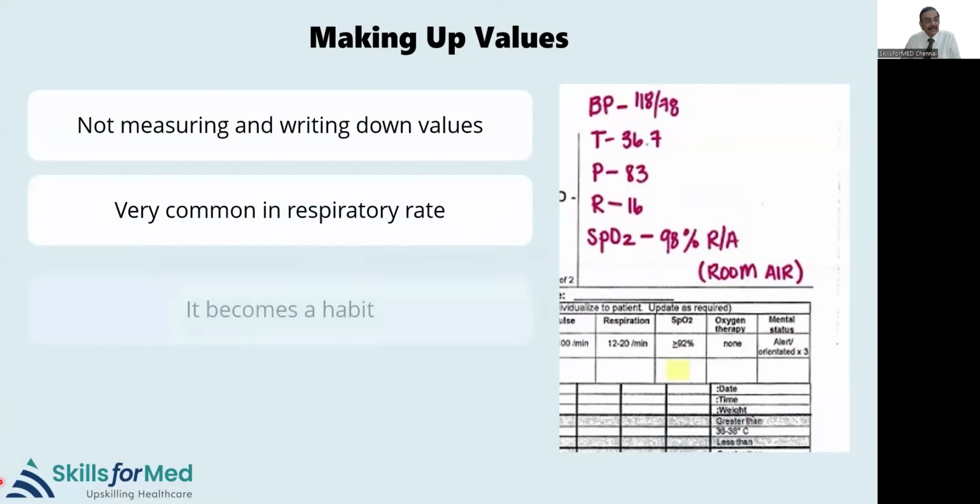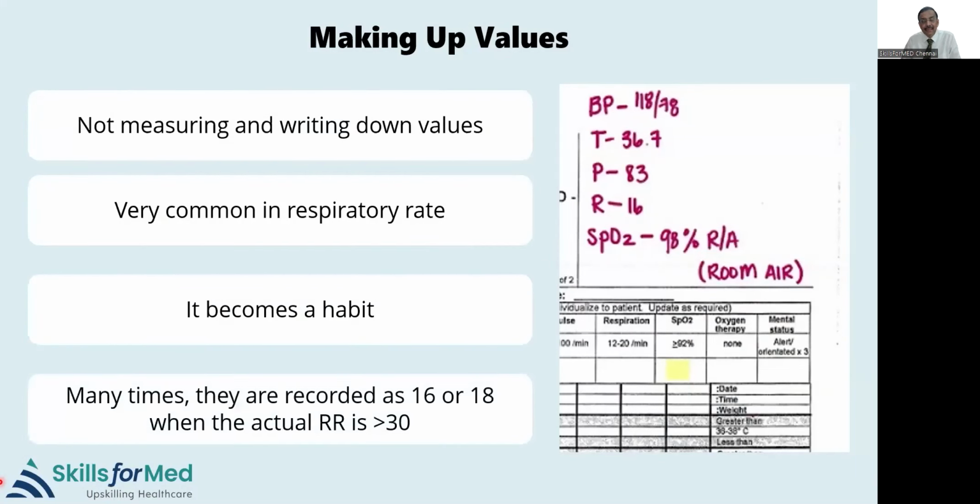So it is very common, and gradually it becomes a habit, to the extent that when a patient actually becomes sick and tachypneic, this has happened several times in my own experience. I would look at the patient and know that the patient is having increased respiratory rate and is tachypneic. I look at the chart and it'll be written 16, 18, like that in the last few hours.